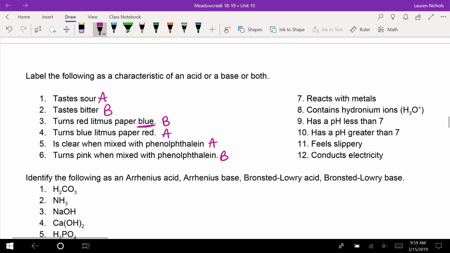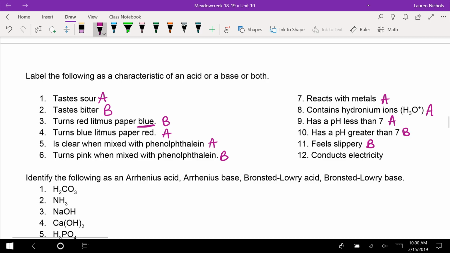If it reacts with metals, that's an acid. And if it contains hydronium ions, which are H3O+, that is also an acid. If it has a pH less than 7, so from 0 to 7, that is an acid. If it has a pH greater than 7, then it is a base. If it feels slippery, then it is a base.